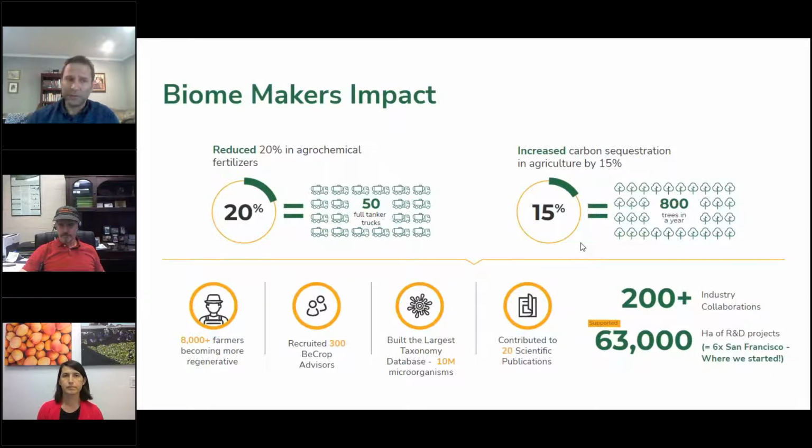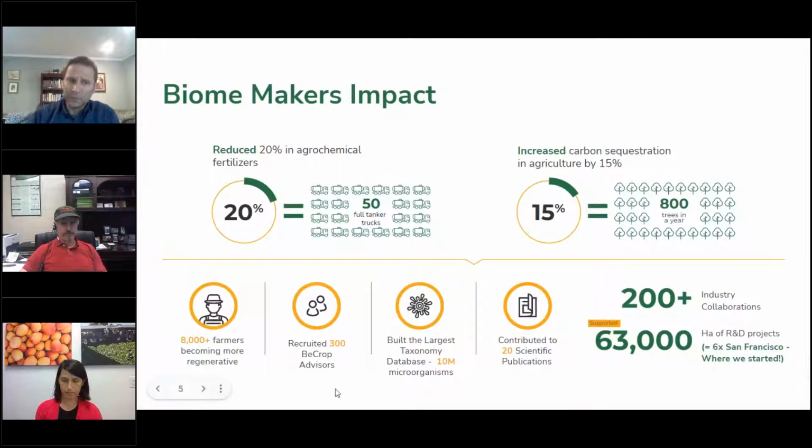We're growing quickly as far as the outreach that we're able to do, with over 8,000 farmers becoming more regenerative and looking for ways to help quantify what they're doing and to be able to show that they are making a difference.